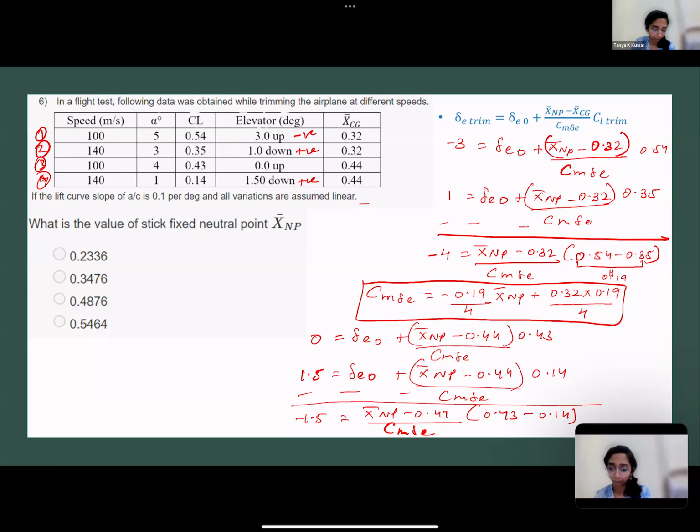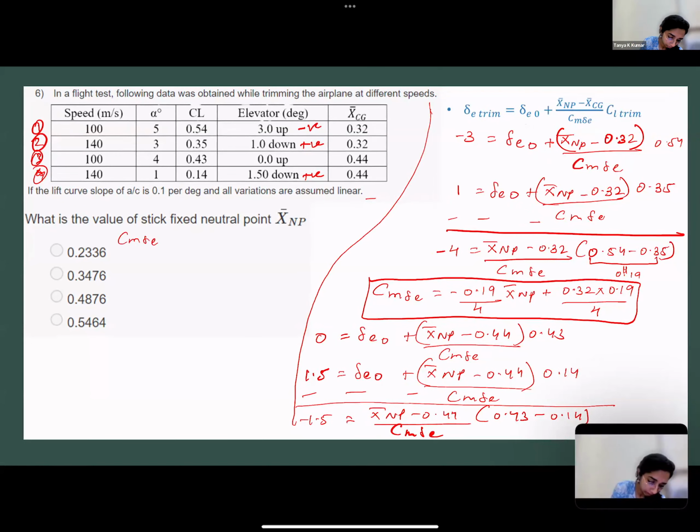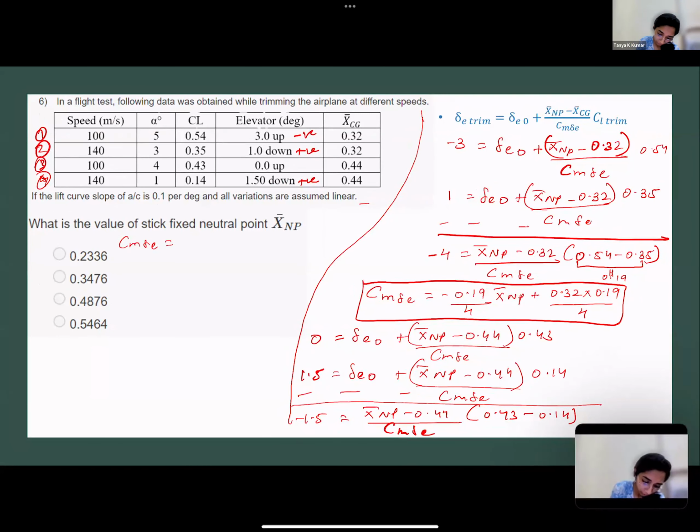Write the equation in terms of CM delta E. So CM delta E equals minus 0.29 upon 1.5 X bar NP, and then you have plus 0.44 into 0.29 by 1.5. All right, so this is the second CM delta E.